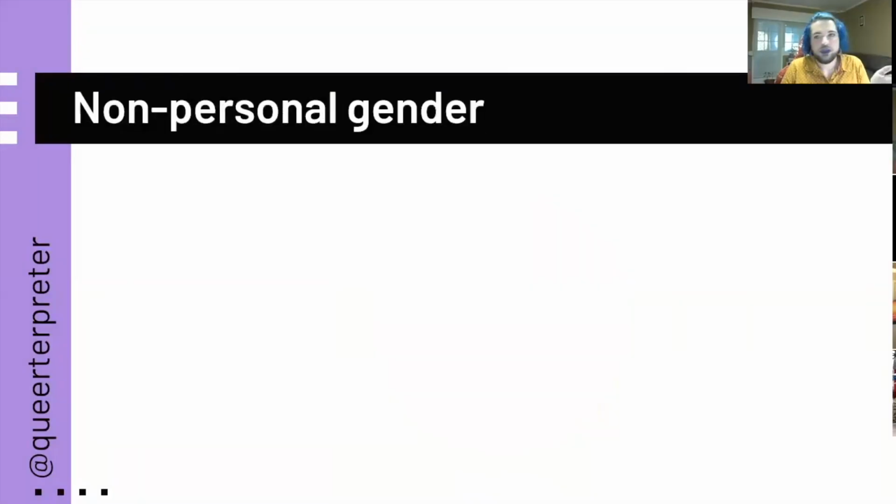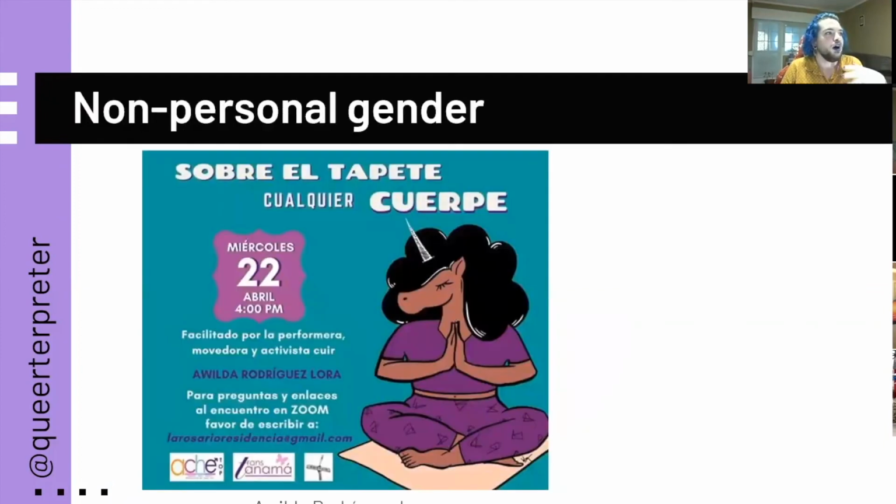And in the same way, some people in Spanish or some Spanish users are changing non-personal gender, such as here where we have, can I do a laser pointer? I can do a laser pointer. Hey, sobre el tapete cualquier cuerpe, cuerpe would be body, and it would be masculine in Spanish. Bodies don't have gender, right? But it's Spanish, so it needs to have grammatical gender, like my table does.